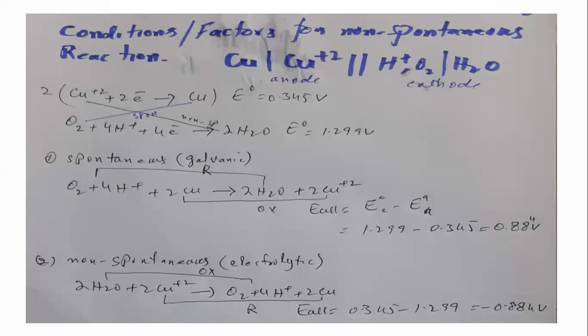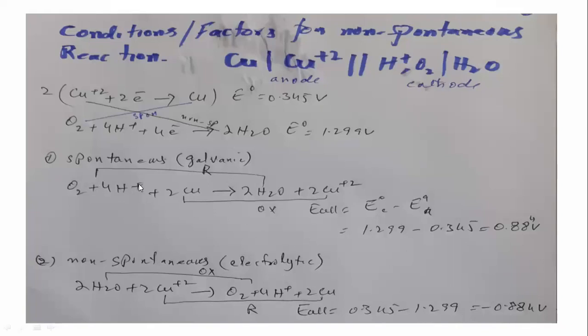And now the question is, what would be the possible energy? And in your previous classes, you learned that this is the energy required for this reaction to make it possible. That means this is the electrolytic cell, and if you provide this energy, this reaction will occur.